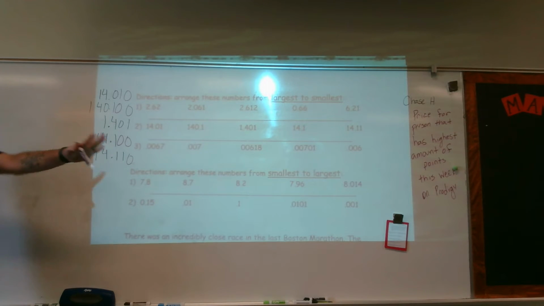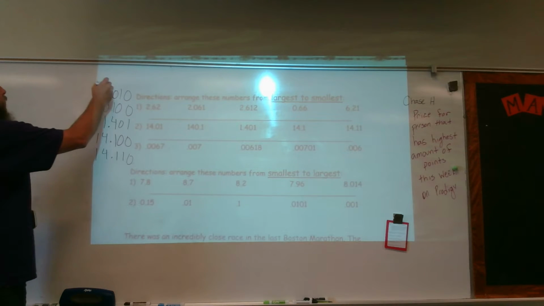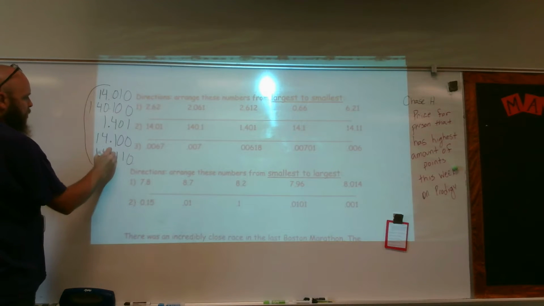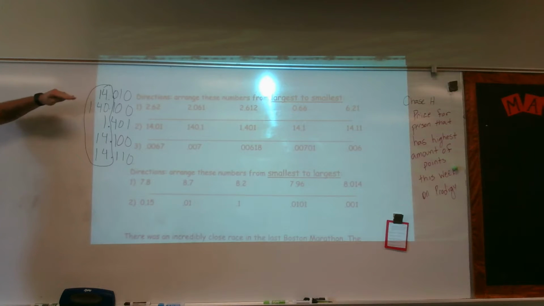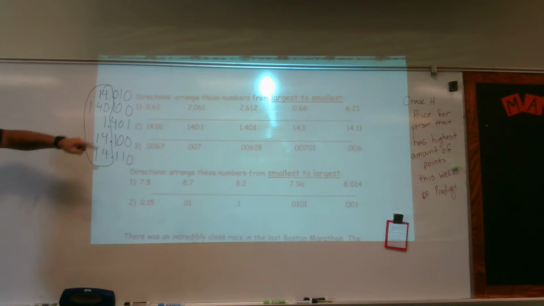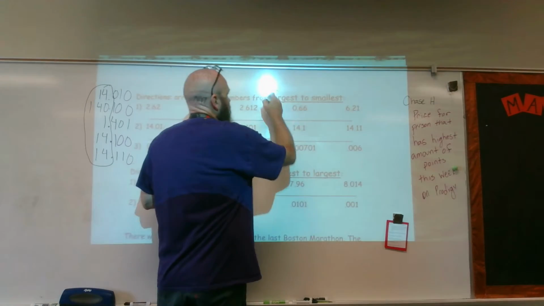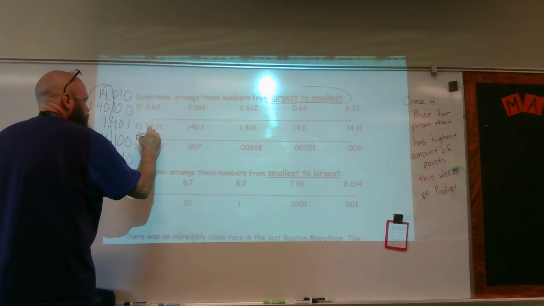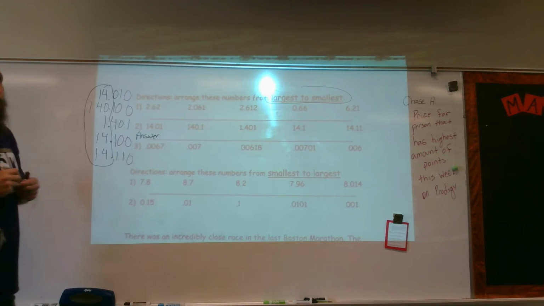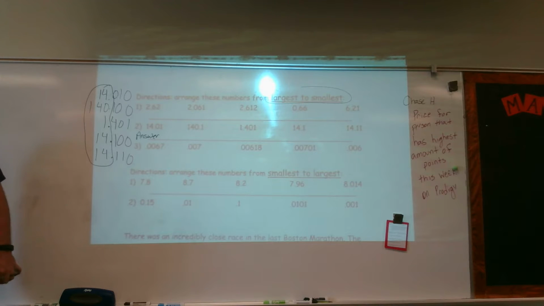Now we look in front of the decimal point, which should be easy. I have 14, 140, 1, 14, and 14. We're going largest to smallest.